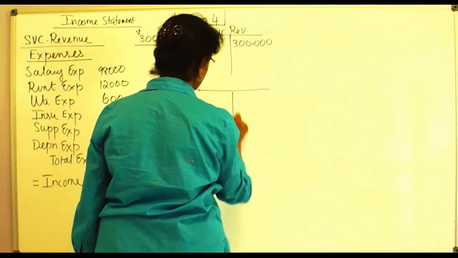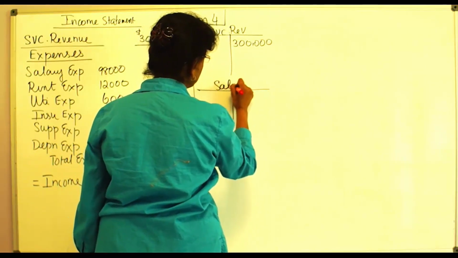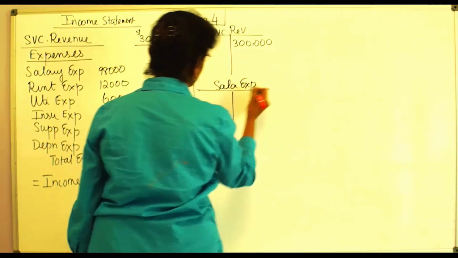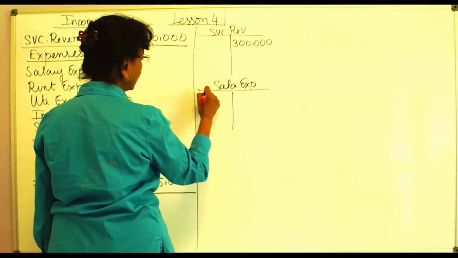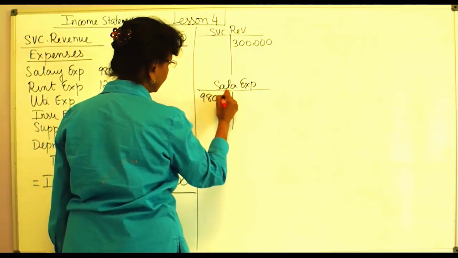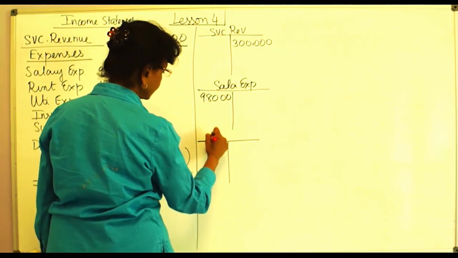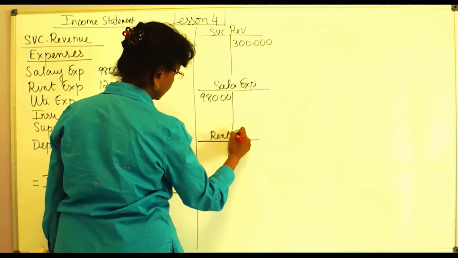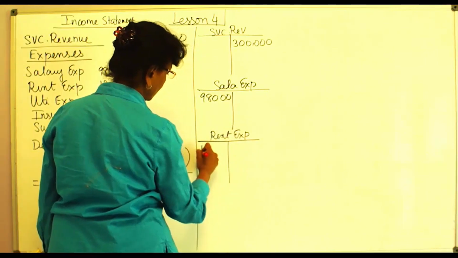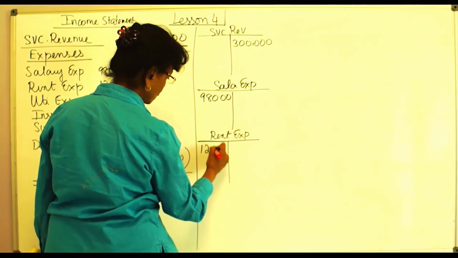And then your salary expense ledger account will show a balance of $98,000. Your rent expense will show a balance of 12,000.